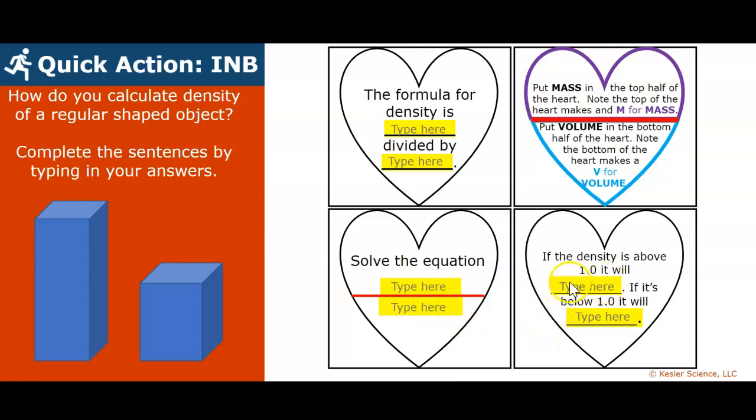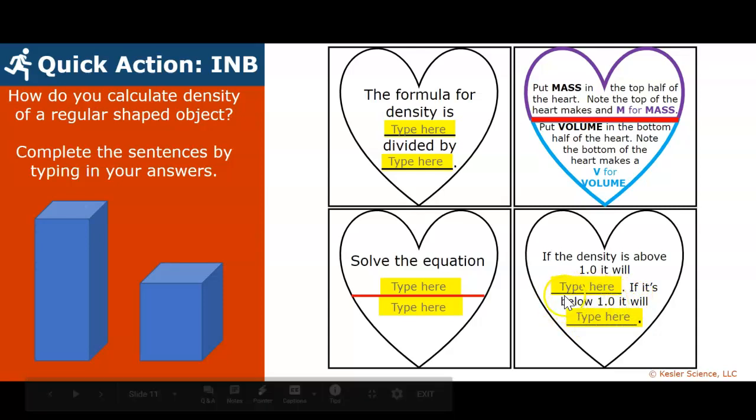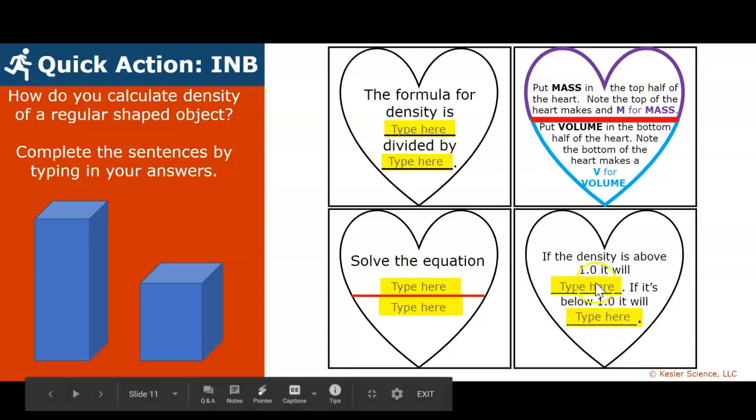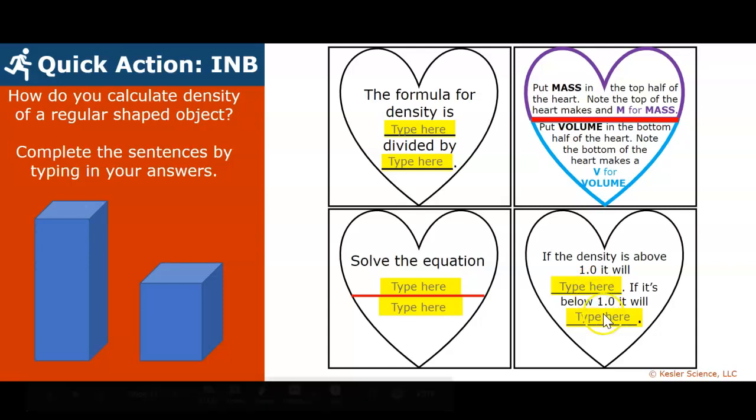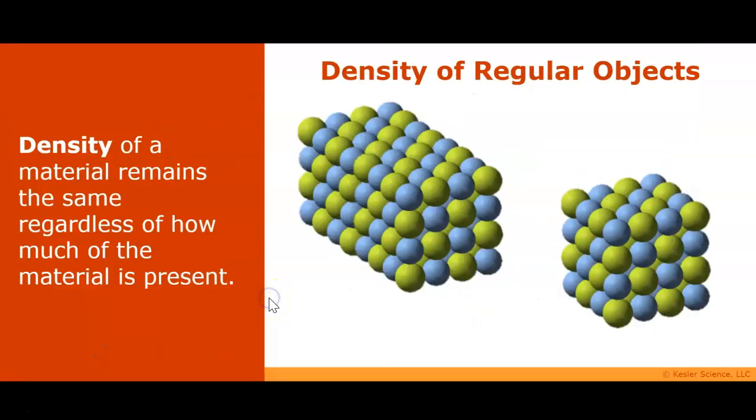And here, this is about whether or not this will float in water. Water has a density of 1. If the density is above 1, it will sink, because it's more dense than the water. If it's below 1, it will float.